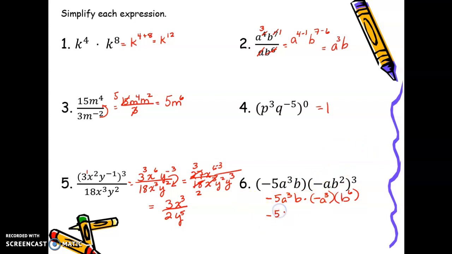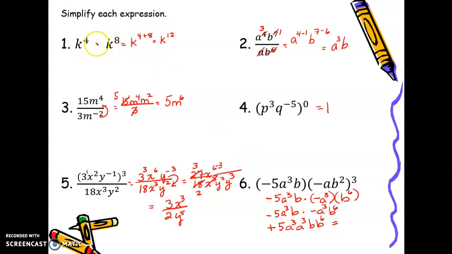So you'd have negative 5a cubed b times negative a cubed b to the 6th. A negative times a negative will be a positive, and you'll have 5 and 2a cubed, a b, and then a b to the 6th.